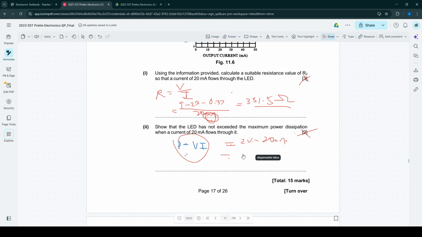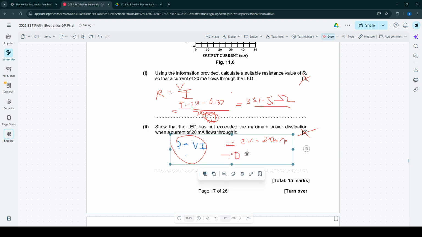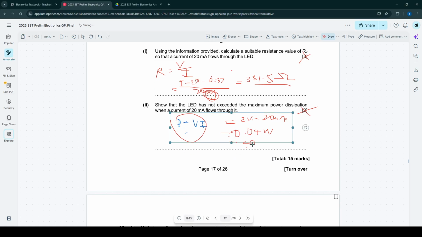But in the actual answer, when you're converting the prefix into nothing, please show the conversion. I'm just not doing it here for ease of my life. So we get 0.04 watts. And in terms of milliwatts, that is 40 milliwatts.